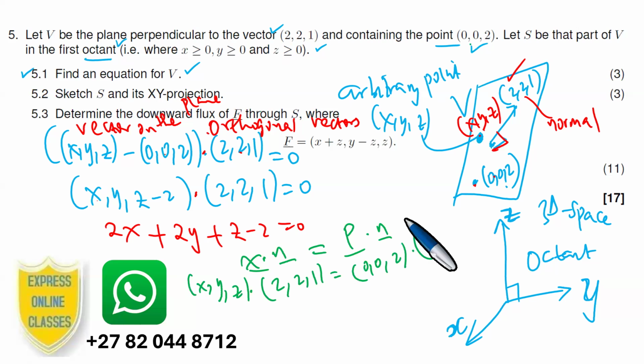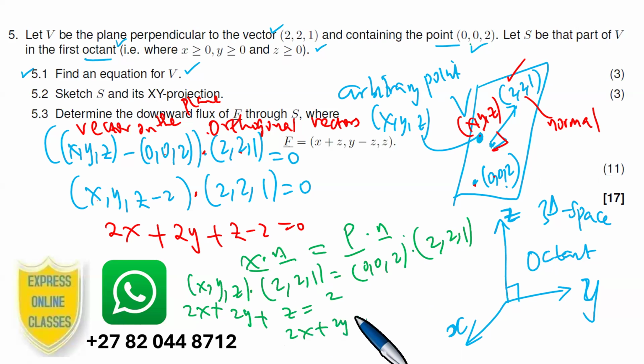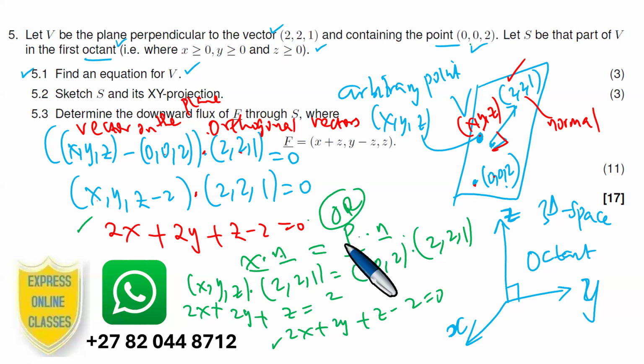So we have 2x plus 2y plus z equals 2, which means 2x plus 2y plus z minus 2 equals 0. The red equation is the same as the green one, so we can use either method to find the equation of a plane.